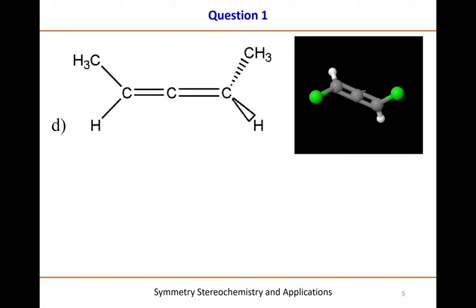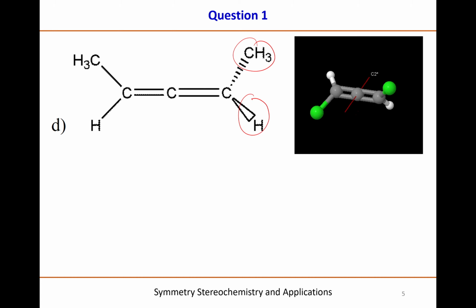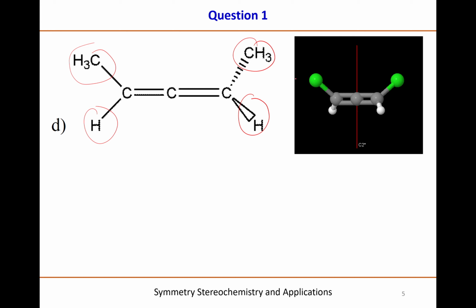You can see this image, and if you look at these two groups, they are perpendicular to these two groups, right? You can see it in 3D. The image is given, the video is here. You can imagine the molecule here, right?